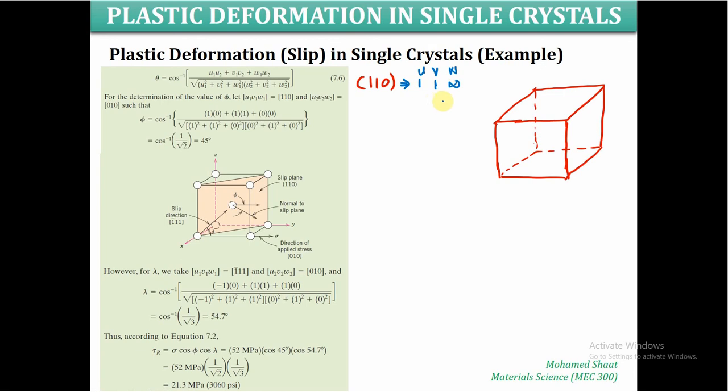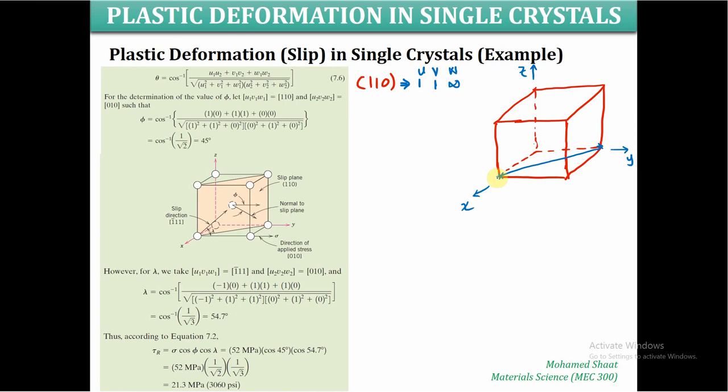So if you decide to draw this plane, this is x, this is y, and this is the z direction. One point will be the intersection at 1 on x, and it is going to intersect y at 1, but it will be parallel to z. As we discussed in chapter 3, if you connect these 2 points together, this gives you one edge of the plane.